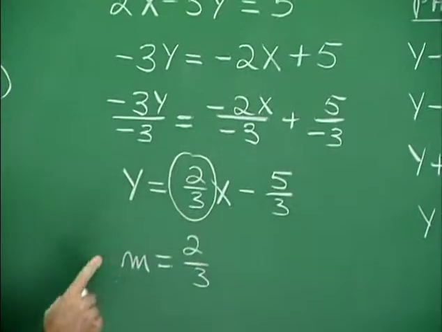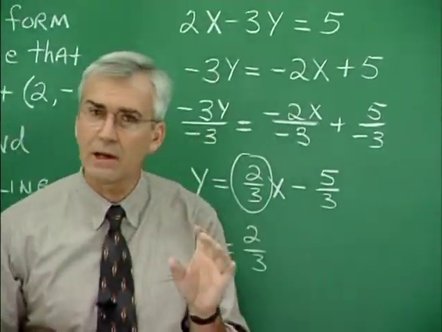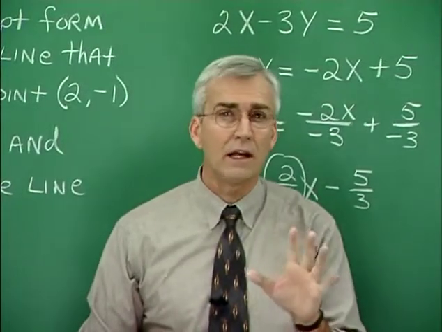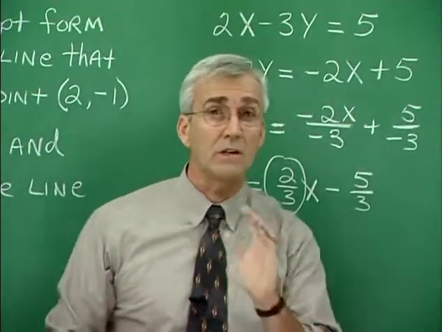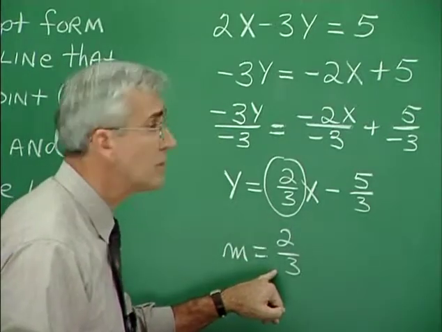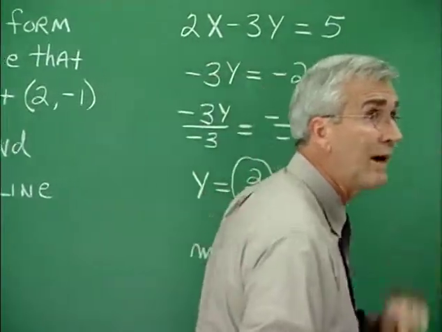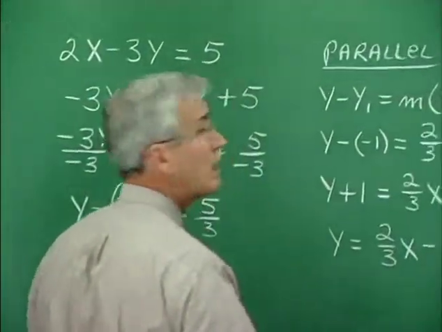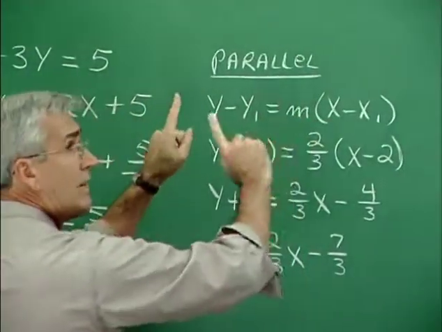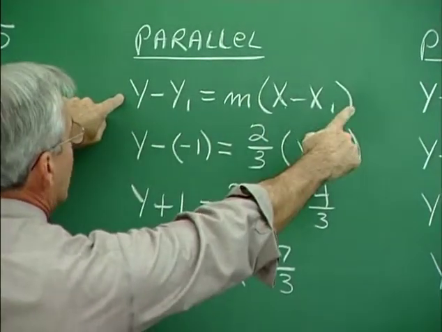All right. Now, that allows us to begin the process of coming up with the equation of any line that's parallel with this, because any line parallel with this will have a slope which is also 2/3. So for the parallel line going through a particular point, now remember that point was 2, -1. So we're inventing the equation of a line, so we use this point-slope form.